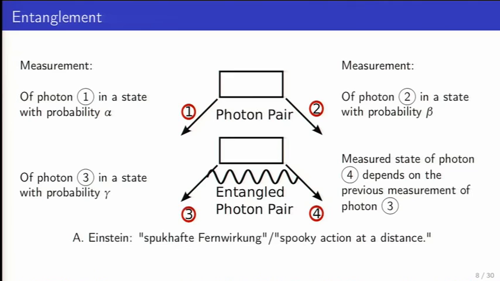The same goes with the photon 2, which is here probability of beta, and also with photon 3. But if photon 3 is a part of an entangled photon pair, the measurement of the photon 4 depends on the previous measurement of photon 3. Einstein called this the spukhafte Fernwirkung, spooky action at a distance.